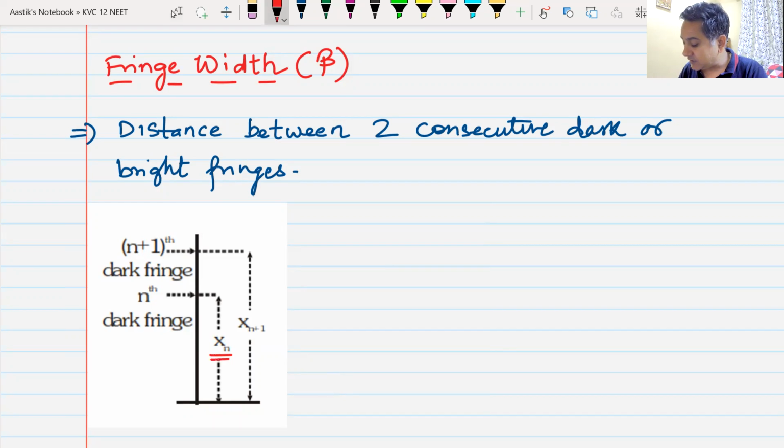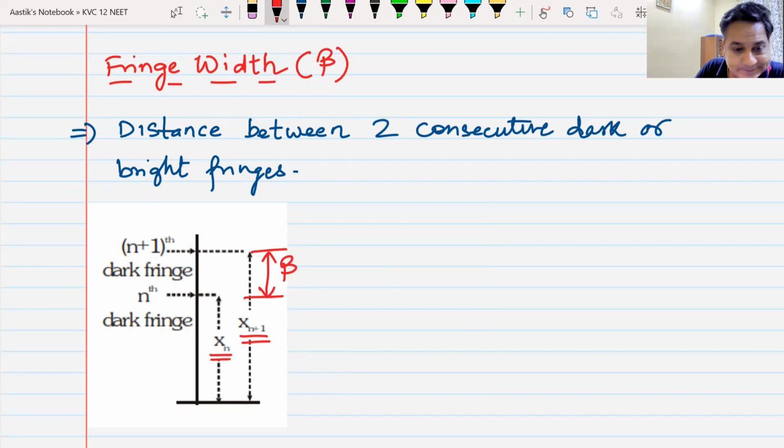You take the nth dark fringe or nth bright fringe, and then you take one ahead of it or one below it, n plus 1 or n minus 1, and you find out the distance between the two. That distance would be your fringe width. Do we understand this? Understood, sir.